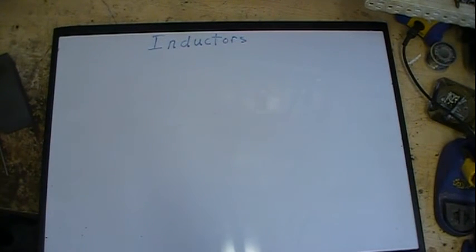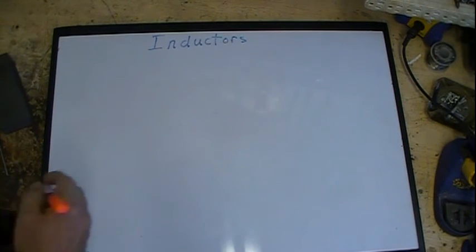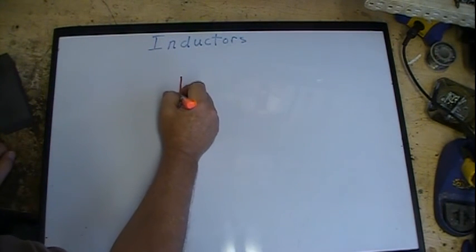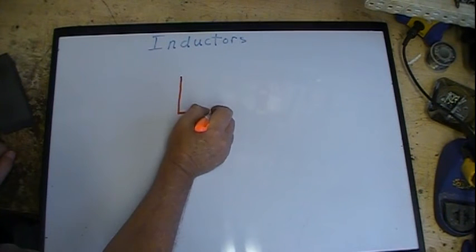So that brings us to phase angle and vectors. When we draw it out in a phase angle type relationship, we're using vectors.